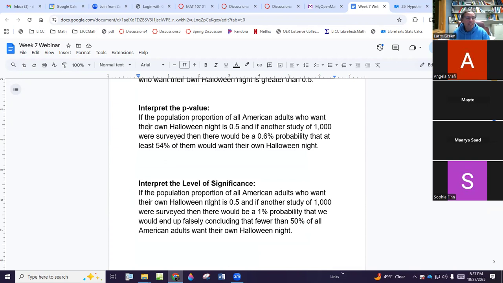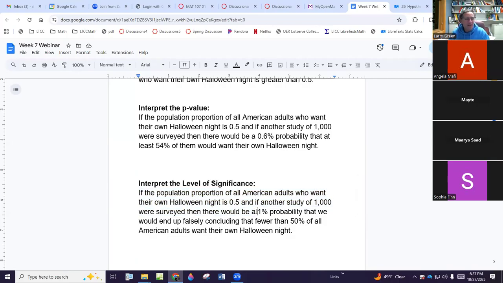So if the population proportion of all American adults who want their own Halloween night is 0.5, and if another study of 1,000 were surveyed, notice that interpreting the level of significance starts exactly the same as interpreting the p-value, up to the word a. So that is important. The wonderful thing about an online class is everything you do is on the computer, which means you can copy and paste. Once you've typed it in for the p-value, all you do is copy and paste it for the level of significance.